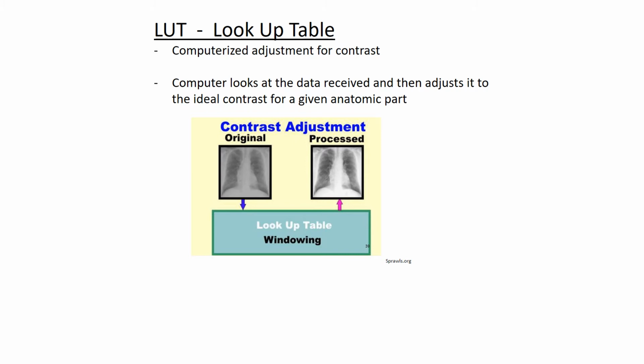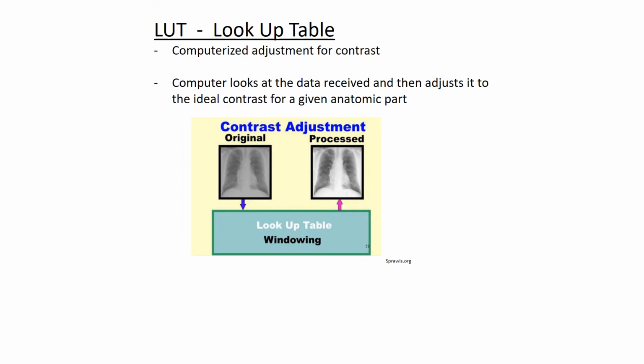In doing that, it's also using what's called a lookup table. With the lookup table, once again, it's a computerized adjustment for contrast. The computer looks at the data that's been received from the detector, and then adjusts it to the ideal contrast for a given anatomical part. So you've got this histogram as a reference, and then you've got a set of factors in a, quote, lookup table, which tells the computer this is the perfect contrast that there should be for this image.